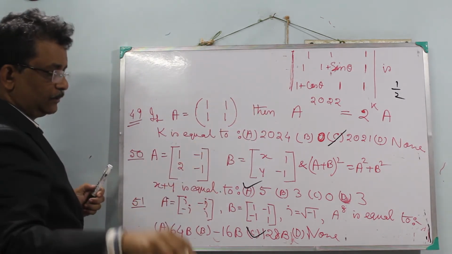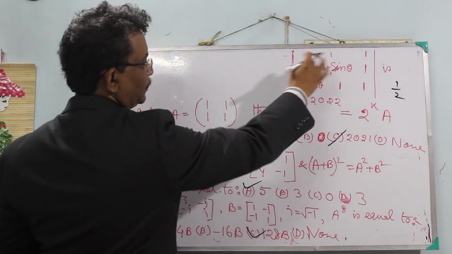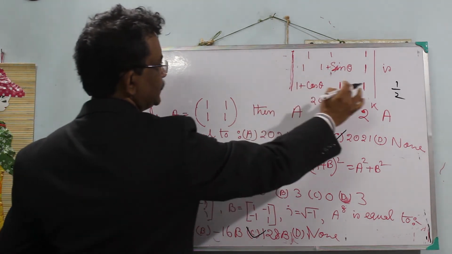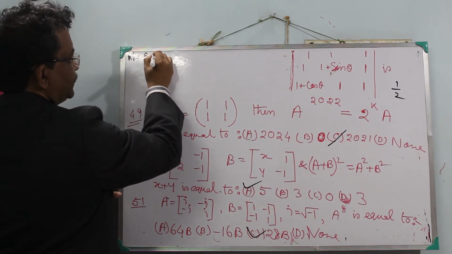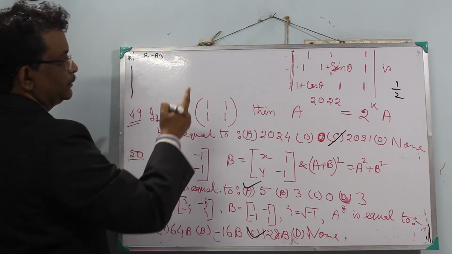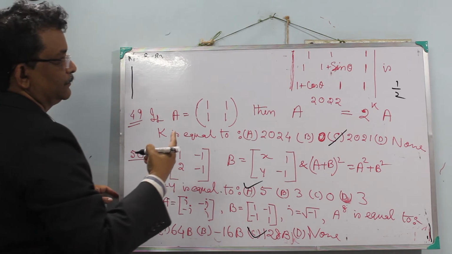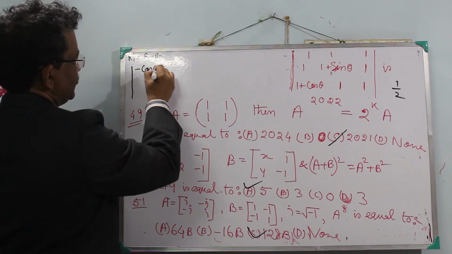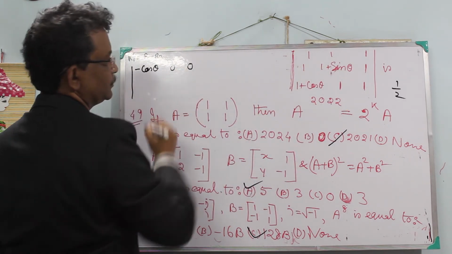I will calculate the maximum value. If from all the elements of the first row I deduct the elements of the third row, that means R1' equals R1 minus R3, I will get the new determinant: 1 minus 1, 0, minus cos theta; minus cos theta, 1 minus 1, 0; 1 minus 1, to get maximum 0.